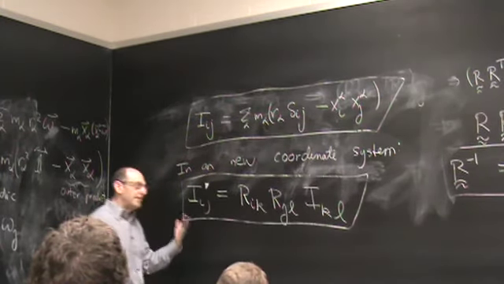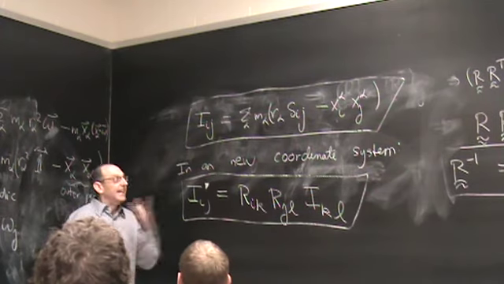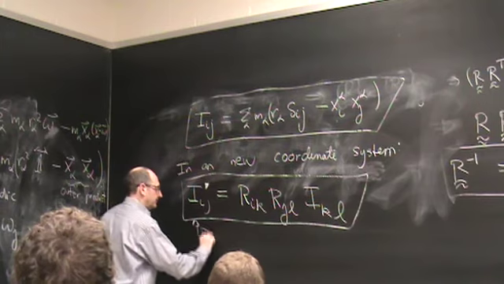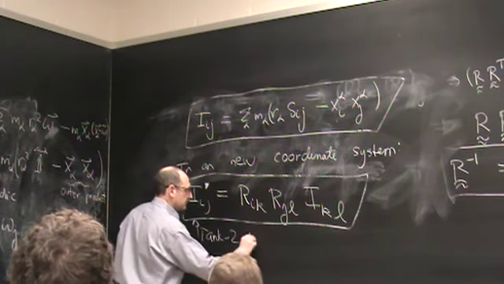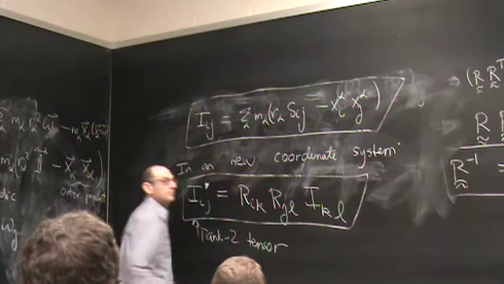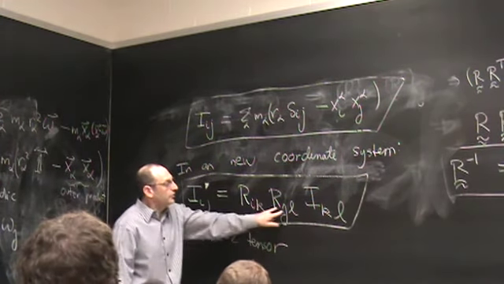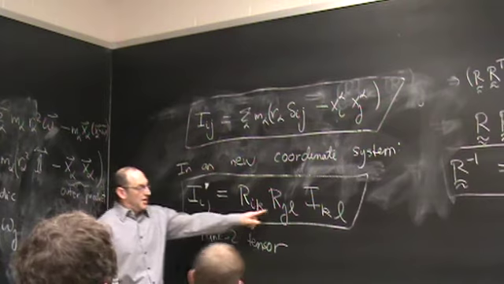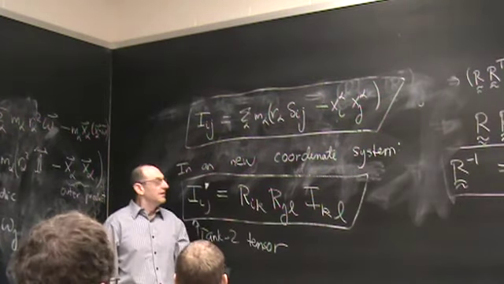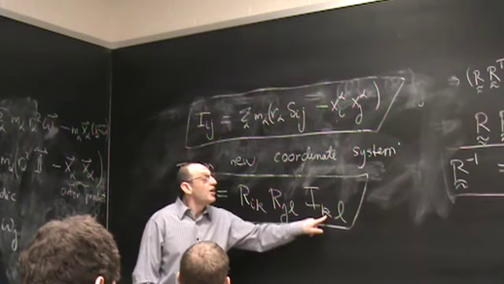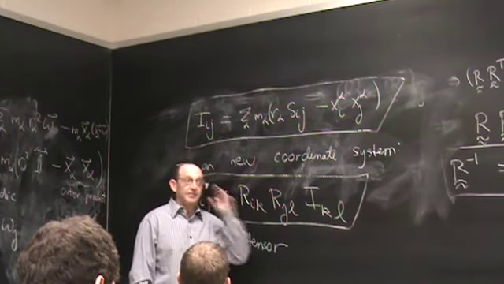So to transform a tensor, in this case a rank 2 tensor, we must transform this with 2 rotation matrices, summed over the 2 indices associated with this rank 2 tensor.